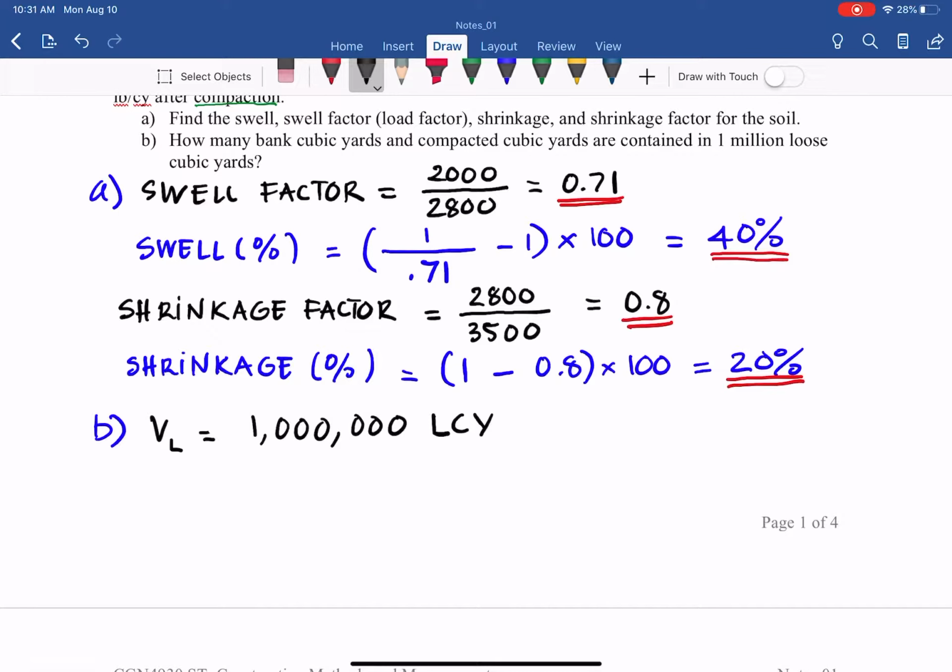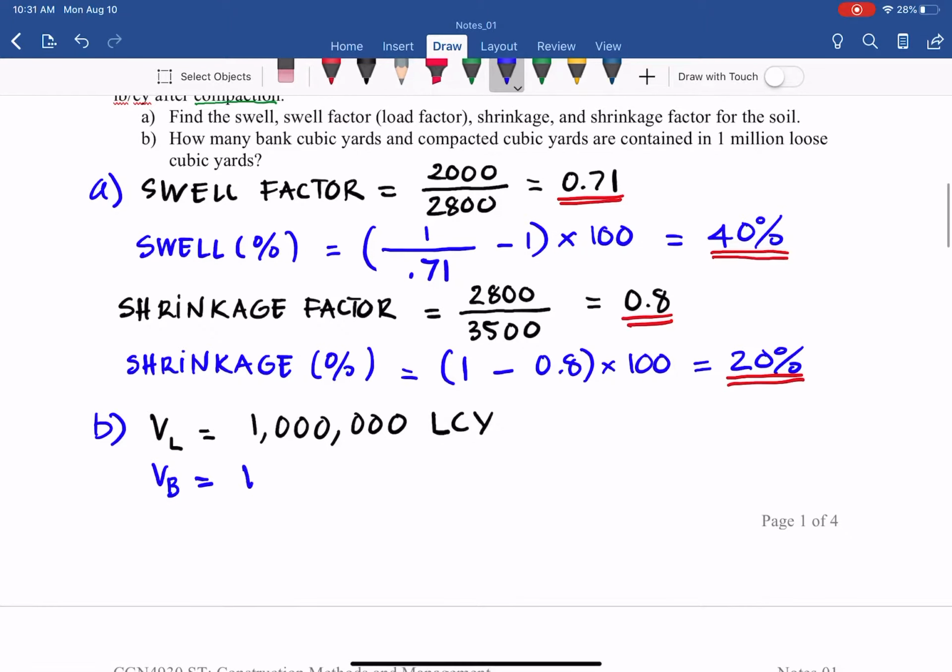And what is the bank? To find the bank cubic yards, we have V bank equal to V loose times the load factor. And as a rule of thumb, the volume of bank is always less than the loose volume.